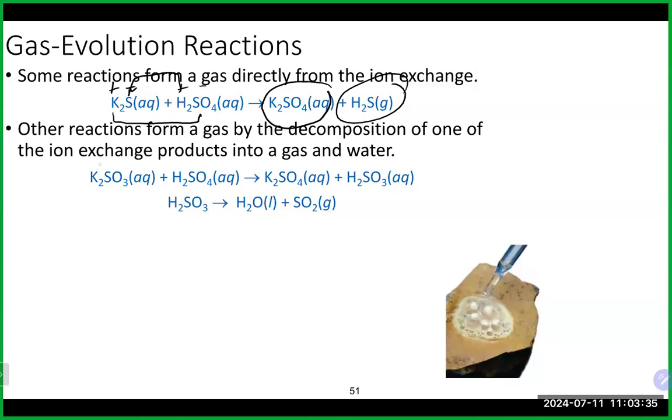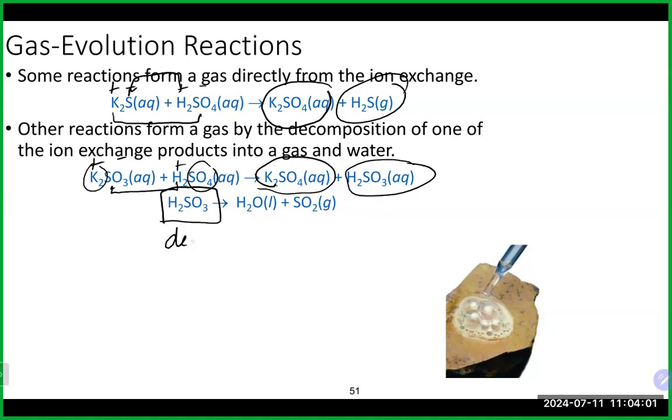In this case, we have a positive, negative, positive and negative. Our potassium and sulfate is going to come together to make our potassium sulfate. But when my hydrogen and sulfite come together, we actually make sulfurous acid, right? H2SO3 is sulfurous acid. Sulfurous acid will not hang around a very long time. It will immediately go through a different type of reaction, which is known as a decomposition reaction, which basically means it will break apart.